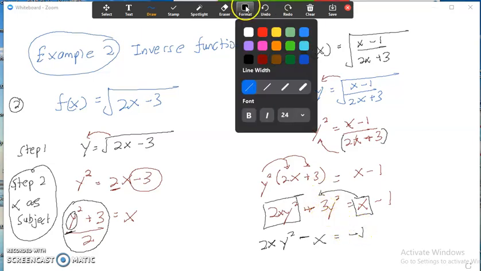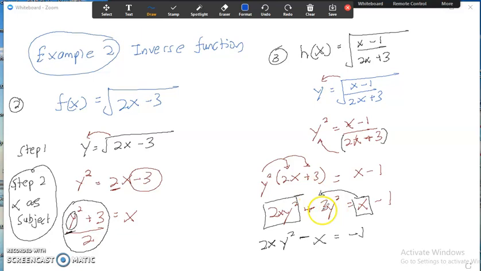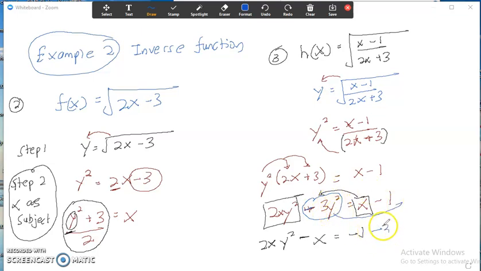Now it's our turn to move this plus 3y squared to the opposite side, so it becomes minus 3y squared.